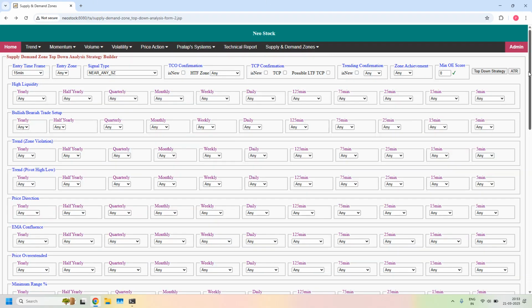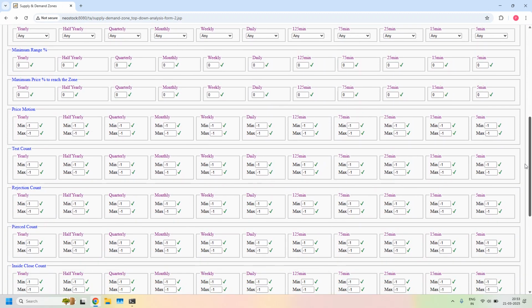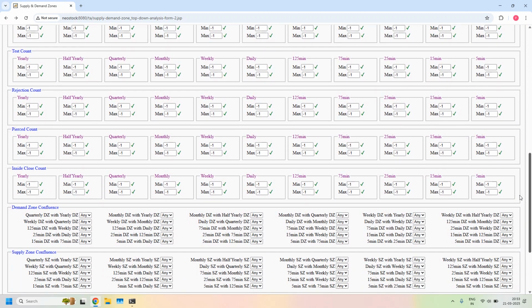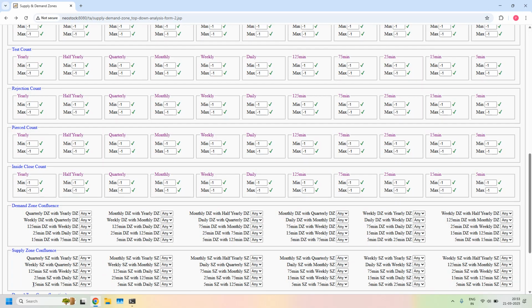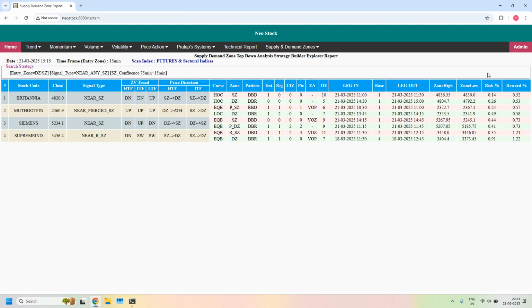That is 15 minute supply zone with 75 minute supply zone confluence. So I am enabling the filter. So with this filter, we got 4 stocks. Out of these 4, the second one and the fourth one are already pierced 15 minutes supply zones.